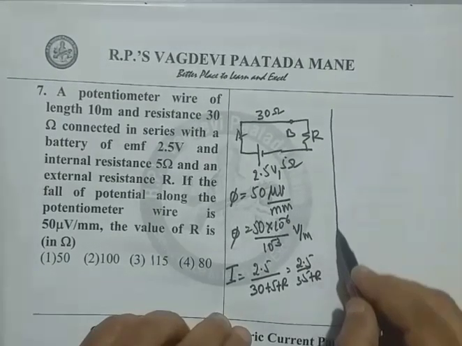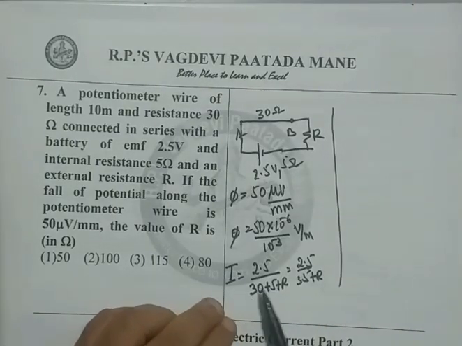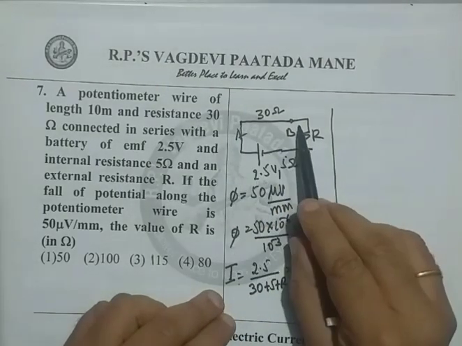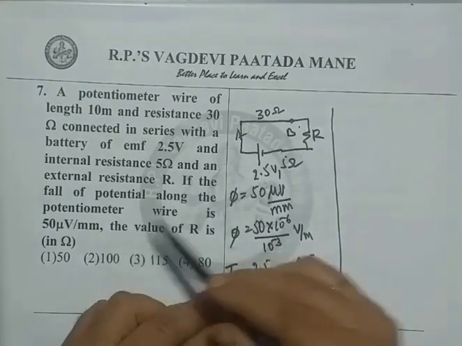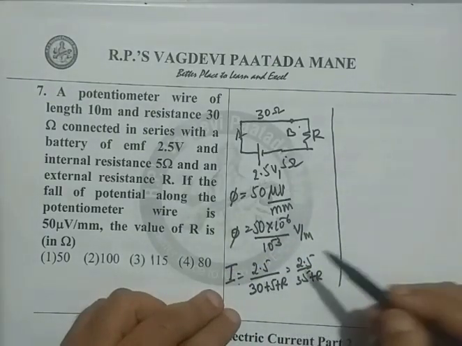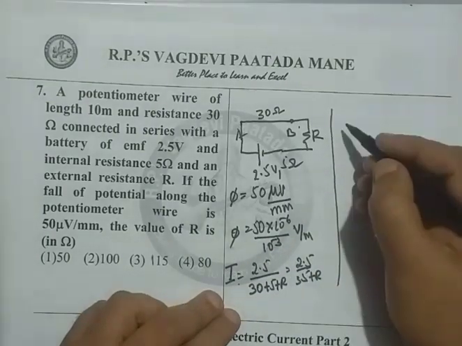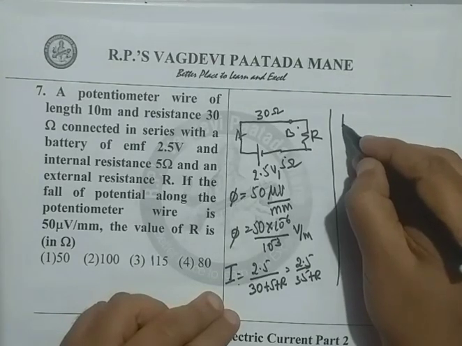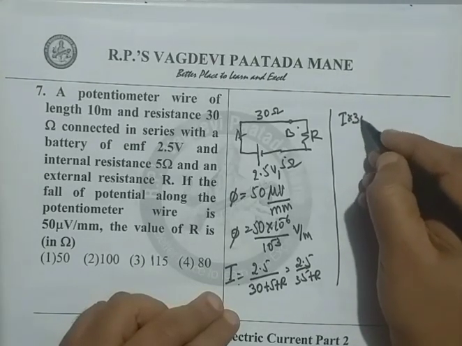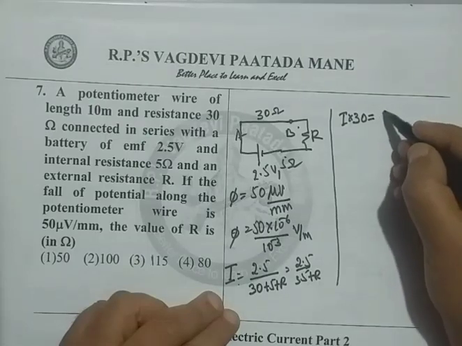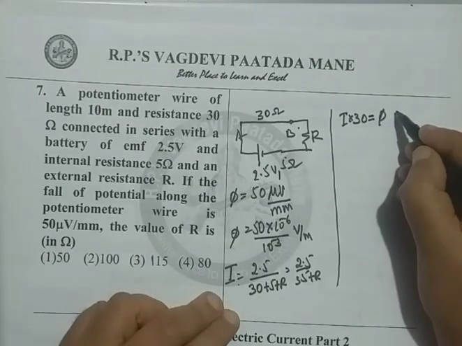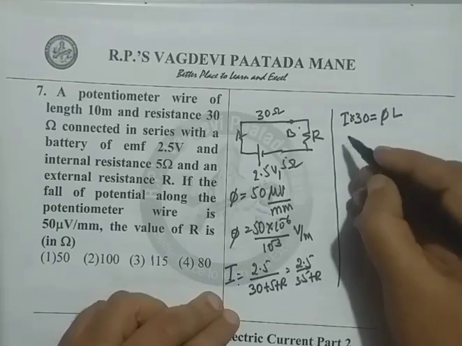Now, we can calculate the potential difference across AB by two methods, and we can equate them to get R. So I can simply write I into 30 ohms must be equal to the gradient times L, the length of the potentiometer wire.